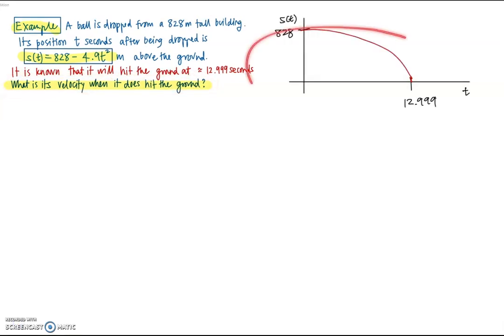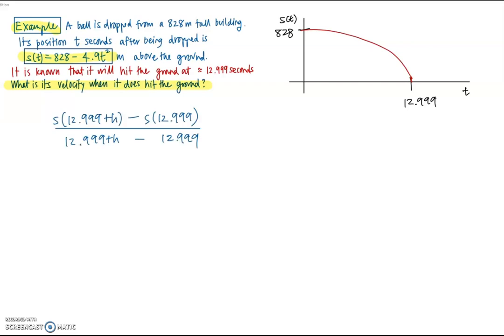So its height looks generally like this, where when it's dropped from 828, then at 12.999, it's going to be at height 0. And so we can think of a point maybe a little bit further away, 12.999 plus h.